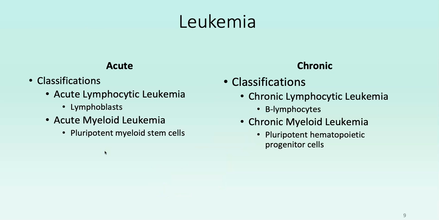Leukemia can be categorized into acute and chronic. Now, it can actually be a much more complex process, and the World Health Organization has developed a system that starts with classifying leukemia according to onset.